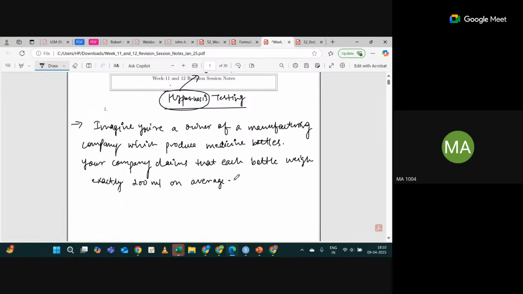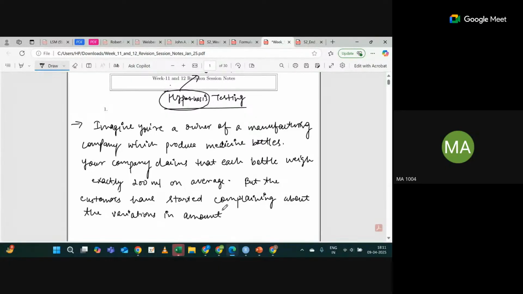But the customers have started complaining about variations in weight, or you can say variations in the amount of liquid in the bottle.